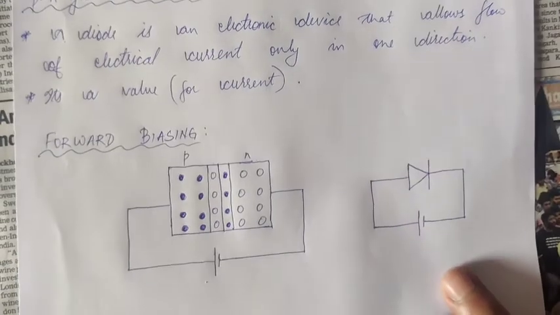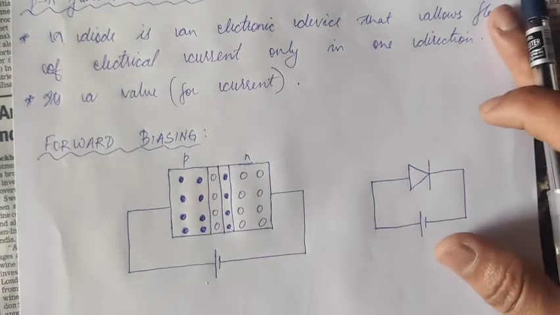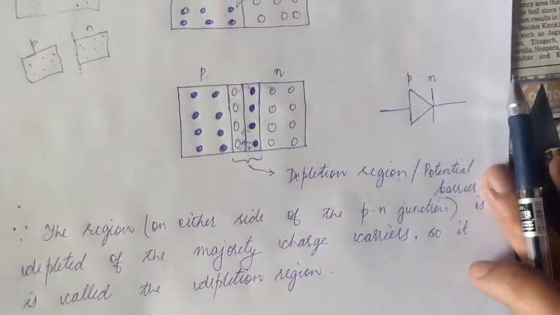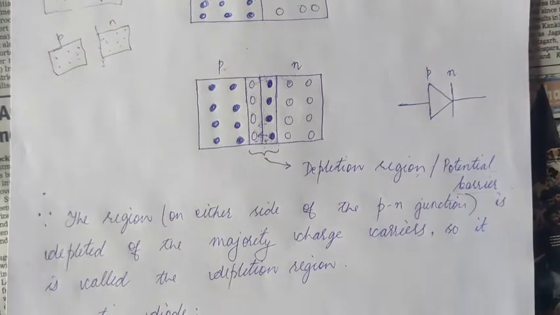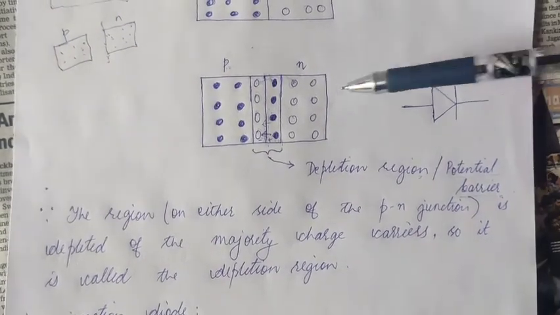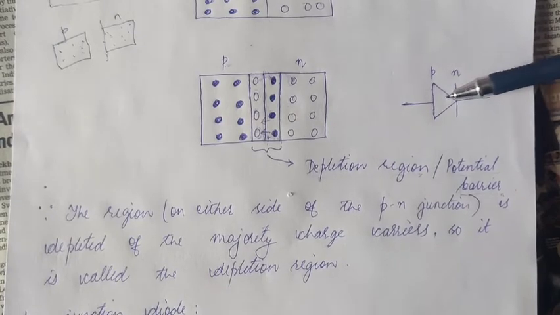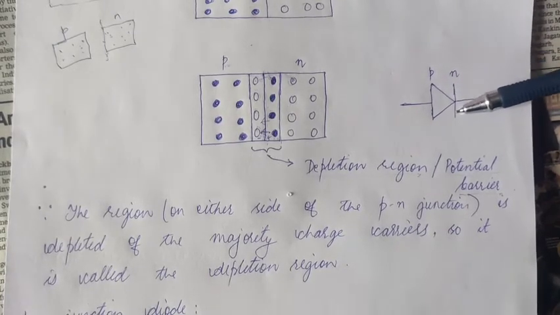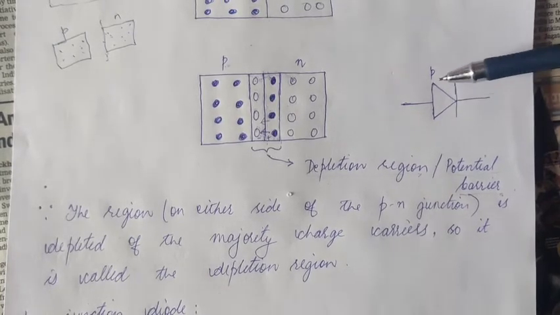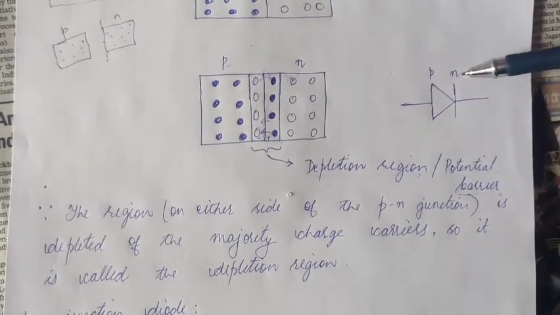And we are going to see what happens in forward biasing. By the way, I forgot to tell you one thing in the last video. The symbol for a p-n junction diode, or simply for a p-n junction, is this. This is your p-n junction along with its depletion region. It is like a horizontal triangle, and you have a vertical line through its tip. This side acts like the p side of the semiconductor, and this is your n side.